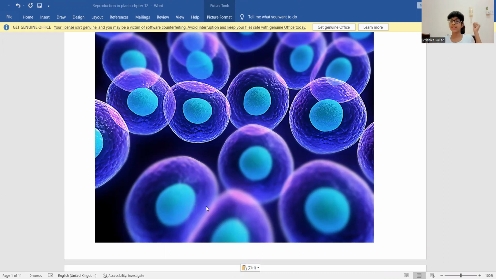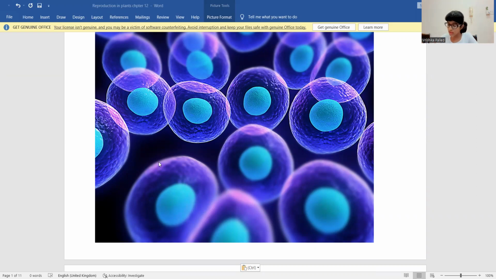Robert Hooke in 1665 observed small slices of cork under a microscope. Cork is a part of the bark of a tree. He took thin slices of cork and observed them under the microscope. He noticed small boxes, which were like little rooms.